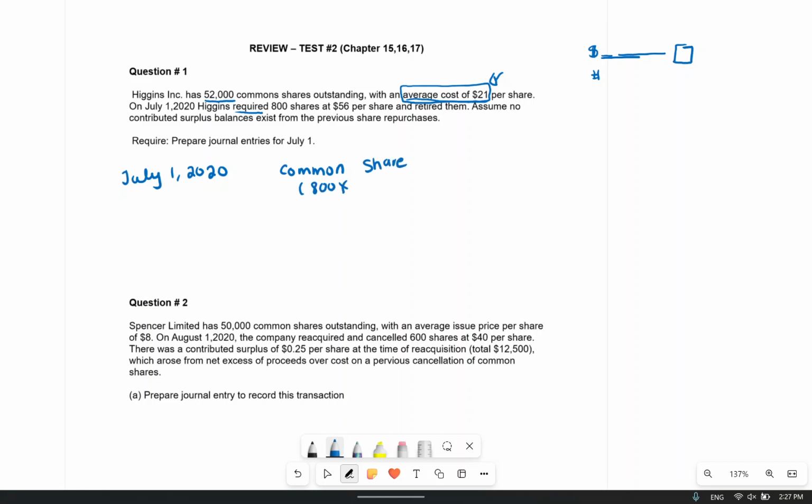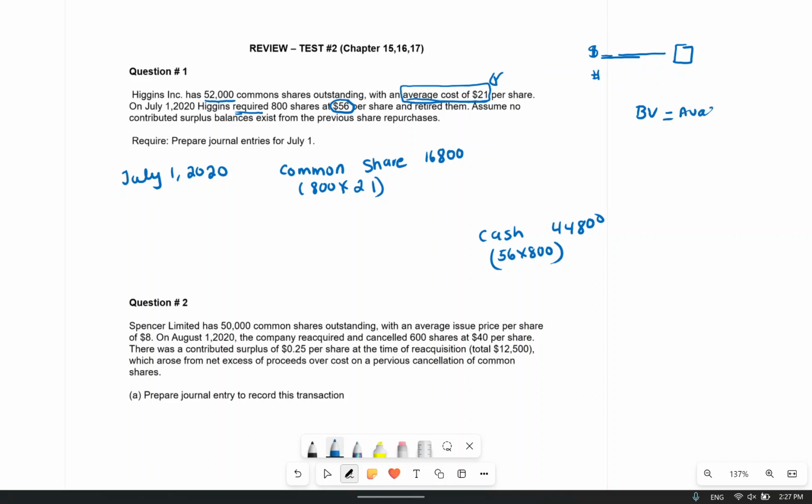What was the book value, which is your average cost of $21? That gives you 16,800. Going further, how much cash did we pay? They said that we reacquired shares at $56, so that's what we paid in cash. So 56 times the 800 gives me 44,800.